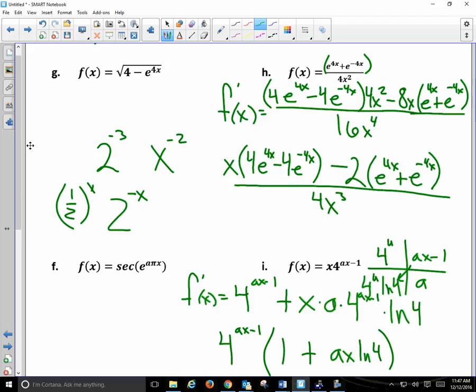If you multiply the x through, multiply the 2 through, there's really nothing that is going to combine together. They're all going to be separate terms, and so we're okay just leaving it like that. Everybody good? It's a great day. Derivative of e to the x is e to the x. Doesn't get any simpler than that.